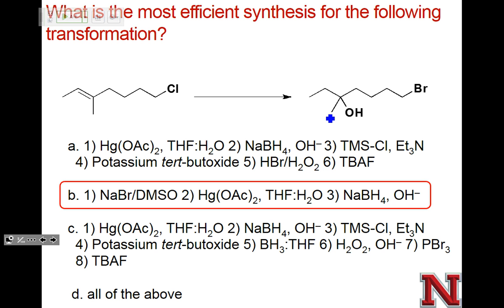You should go through all of those and for each step draw your intermediate products that are isolatable, and show that they all work, but our best route is our shortest route. That's going to give us our highest yield. So our most efficient route is B. A, B, and C will all lead to our final product with correct selectivity, but B is better.